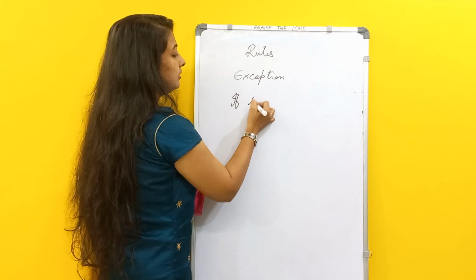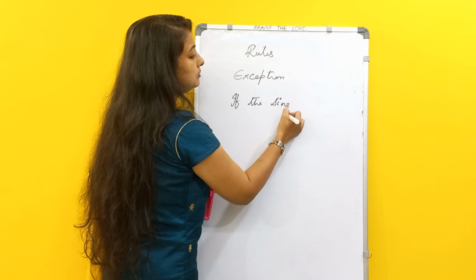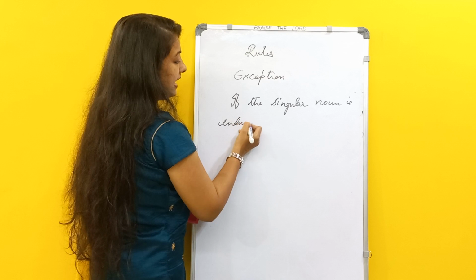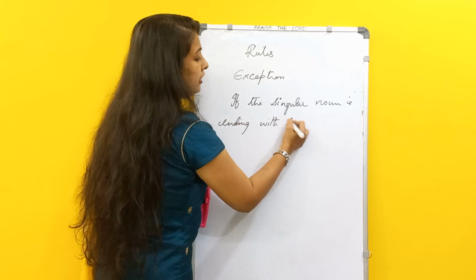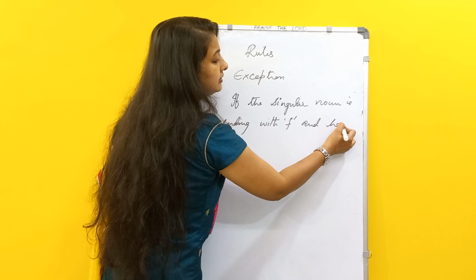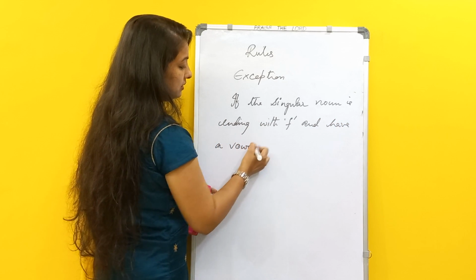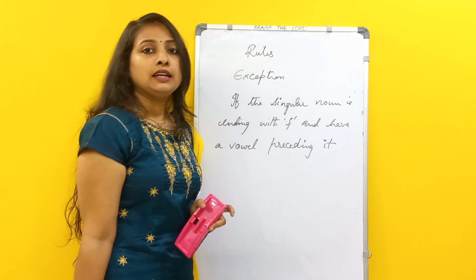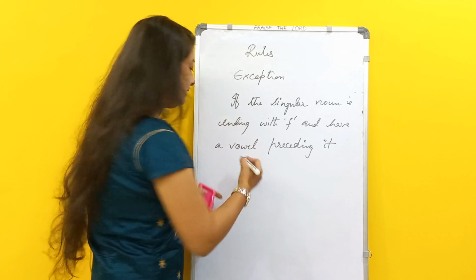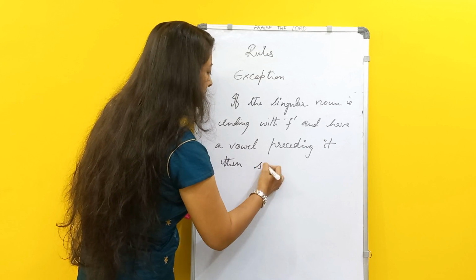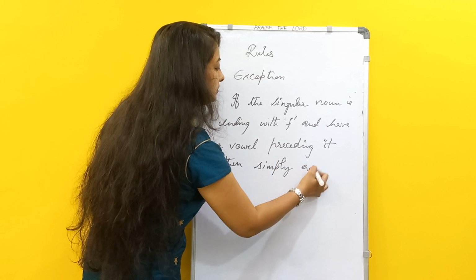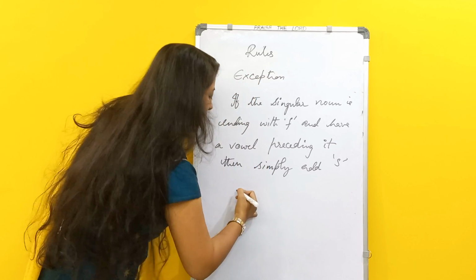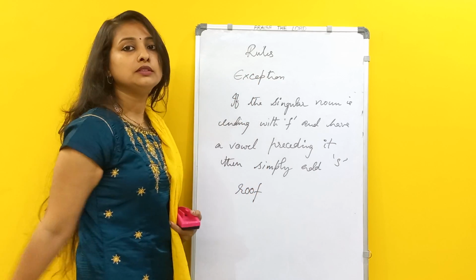If the singular noun is ending with F and has a vowel preceding it, then simply add S. For example, roof.